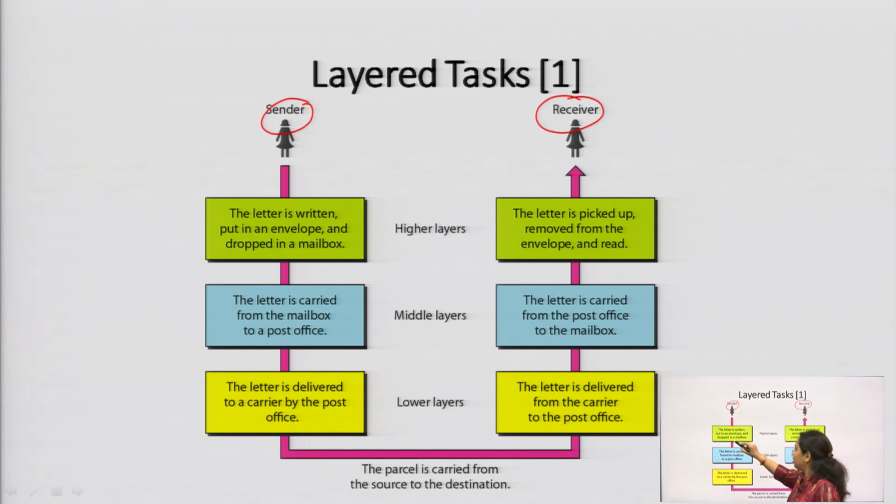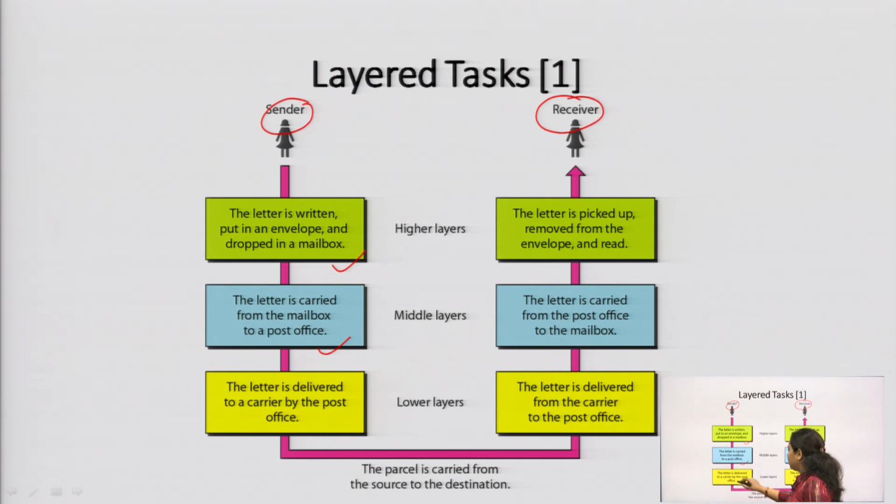You can see that this is an example of transmitting a parcel or a letter from sender to the receiver. A letter is written, put in an envelope and dropped in a mailbox. This is the first step. Second, at the second layer, the letter is carried from the mailbox to a post office.